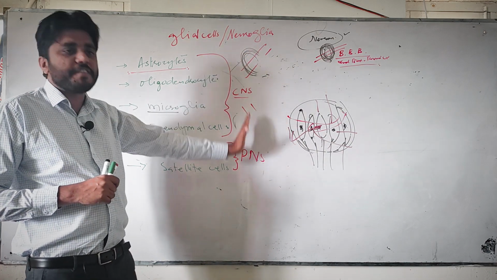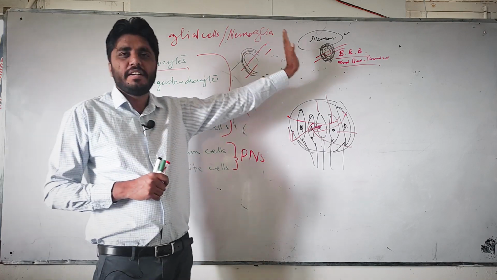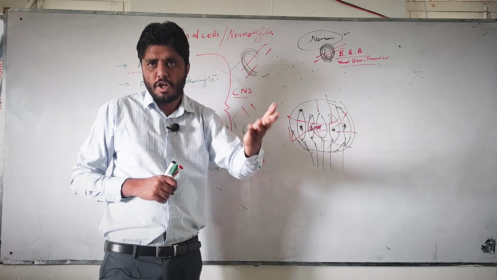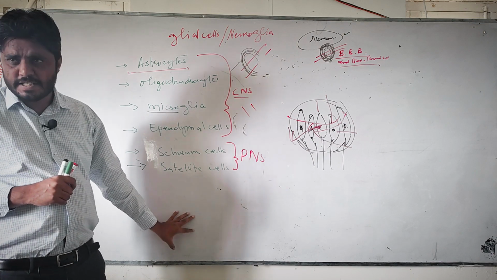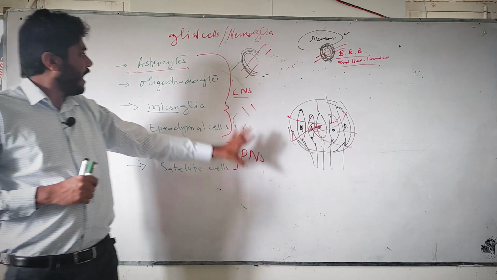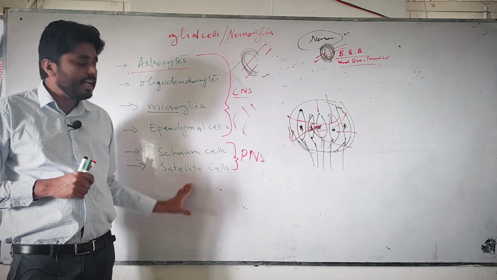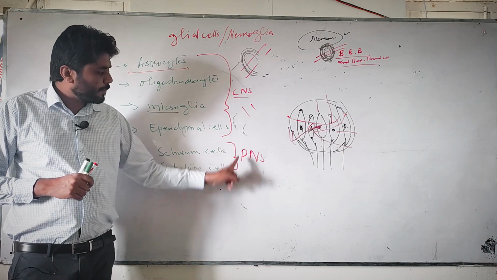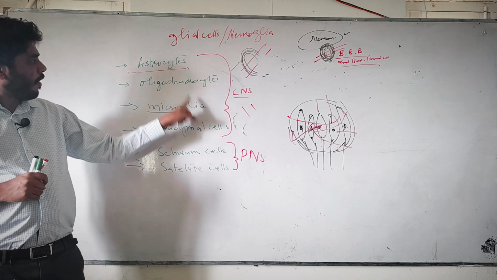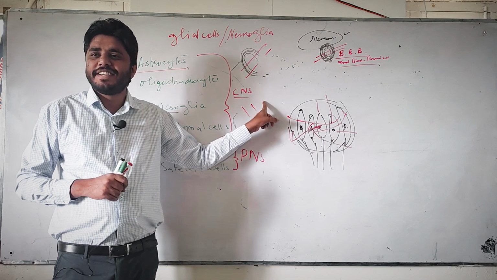They are the supportive cells, sometimes roughly called the connective tissue of the nervous system. There are six different glial cells: astrocytes, oligodendrocytes, microglia, ependymal cells, Schwann cells and satellite cells. Two are present in the peripheral nervous system, Schwann and satellite. Four, astrocyte, oligodendrocyte, microglia and ependymal cells, are in the central nervous system.